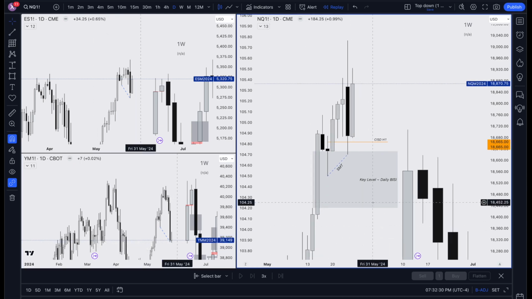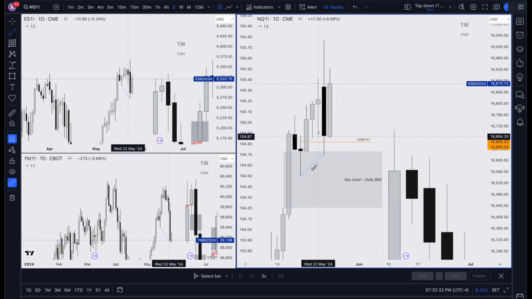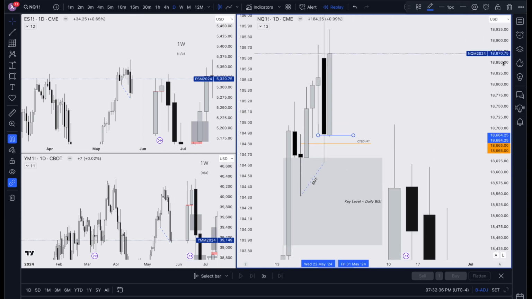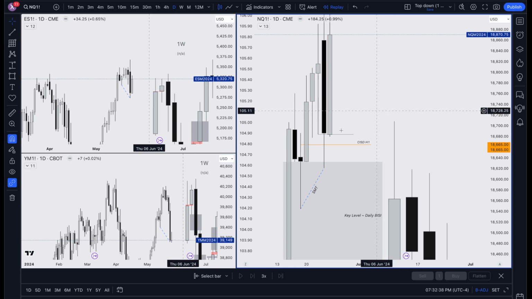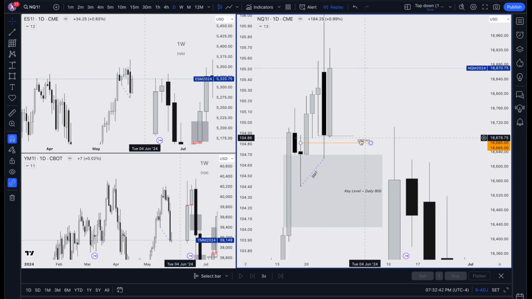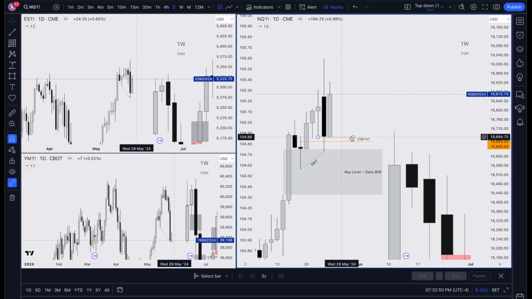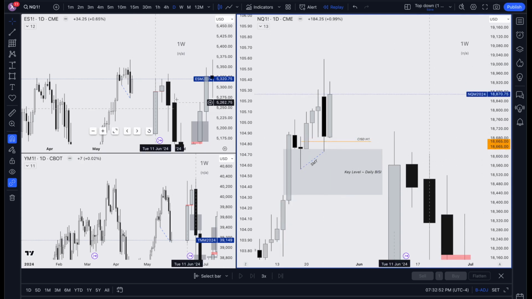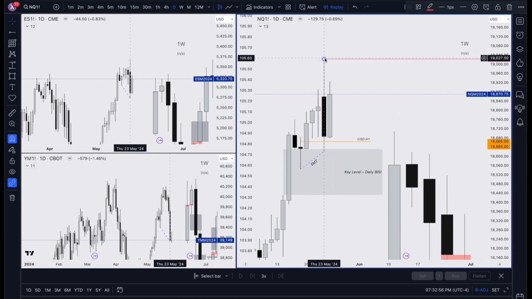Once we form the SMT, I also notice we close a candle body above the previous day low, into my key level, refined order block with SMT and my daily fair value gap. Wonderful. So my bias for the day is giving me confluence to expect not a return back into this previous day high.